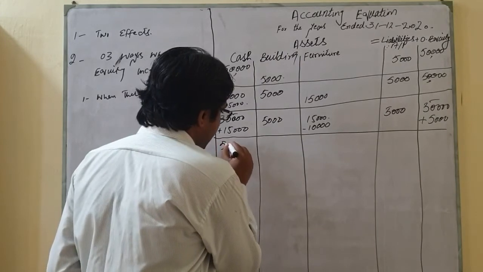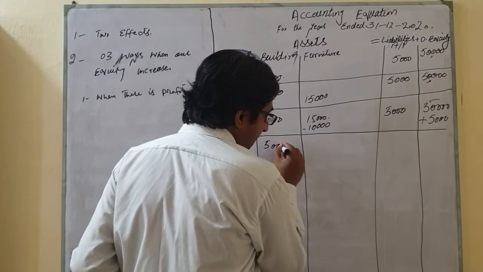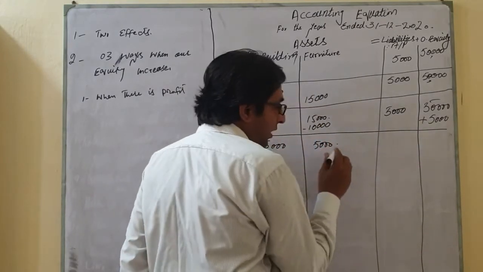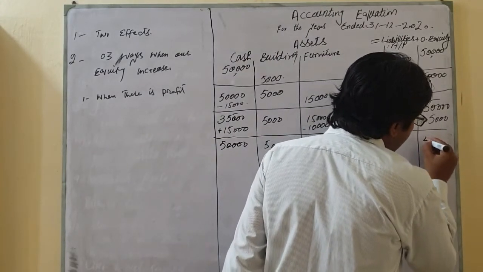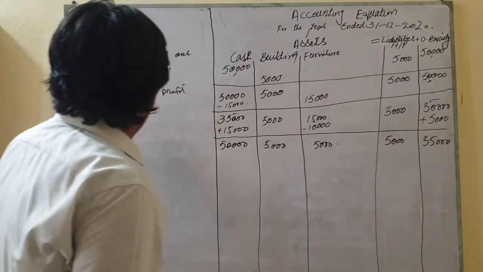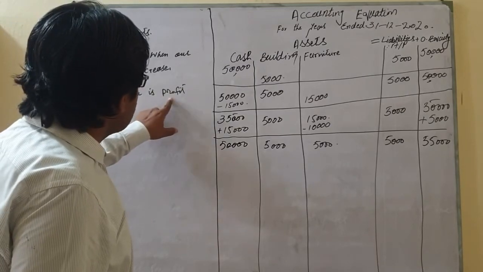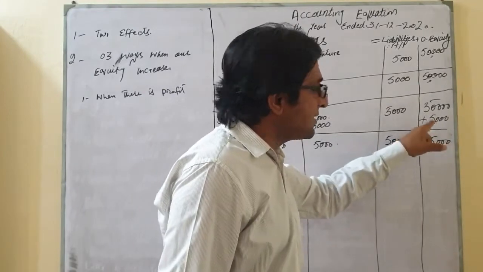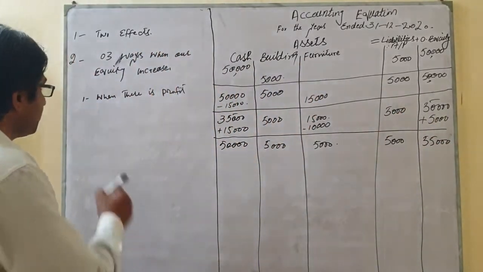Our cash is $50,000, while building is $5,000 and furniture is $5,000. Account payable is $5,000 and owner equity is $55,000. We have talked that when there is a profit in business, our equity increases. So here in this case, our equity has been increased 5,000.